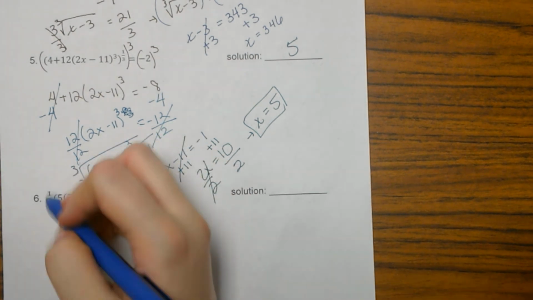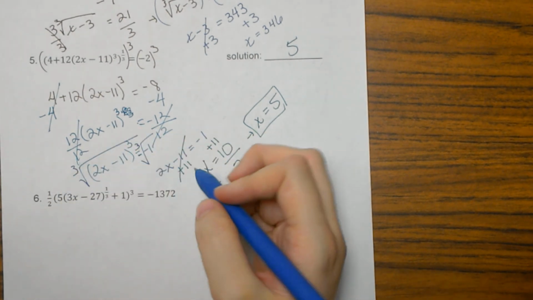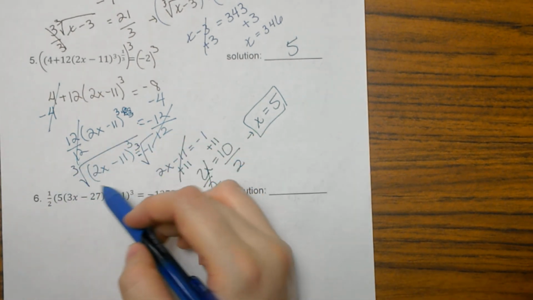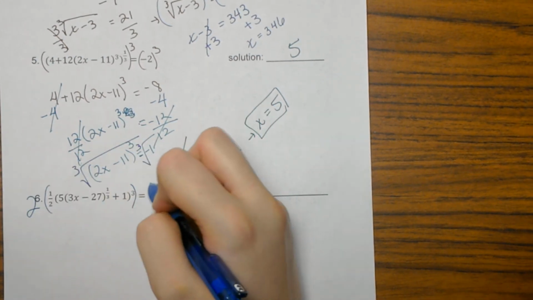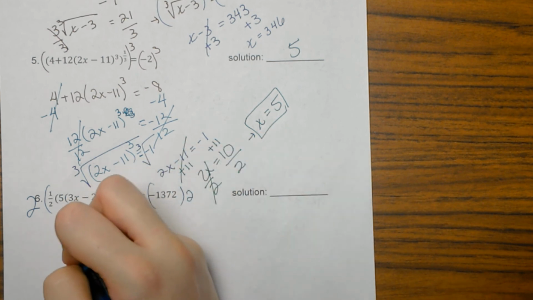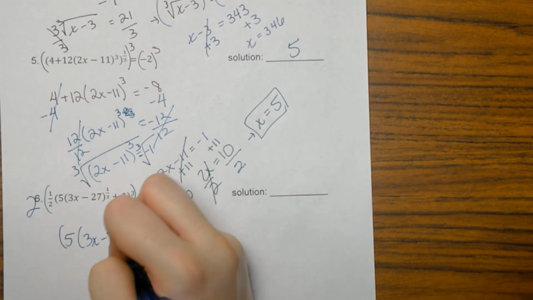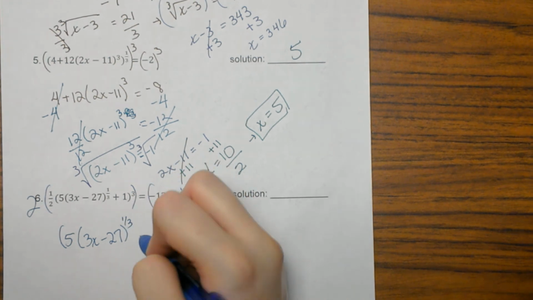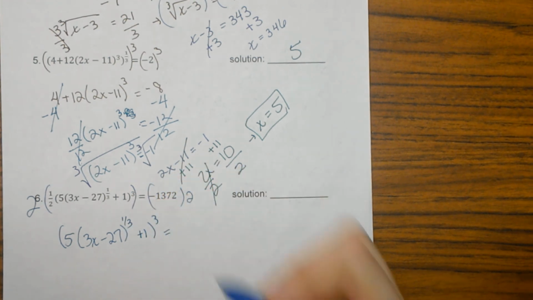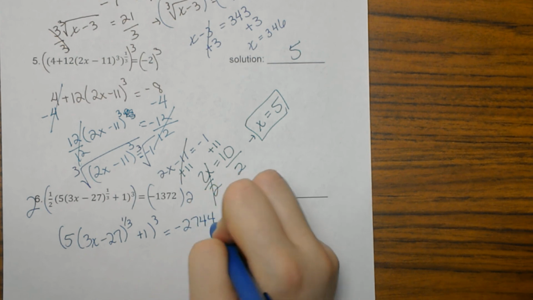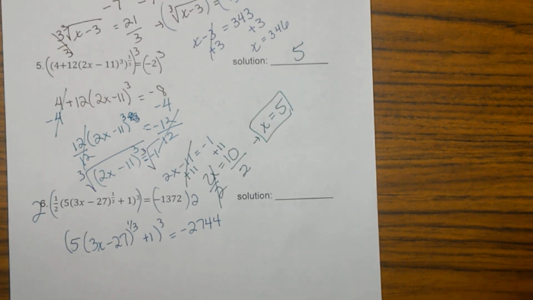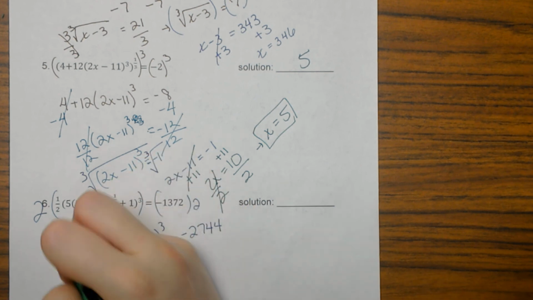So in the last one, I'm multiplying by 1/2, which is the same thing as dividing by 2. So I'm going to multiply both sides by 2. So I need to take a cube root of both sides.